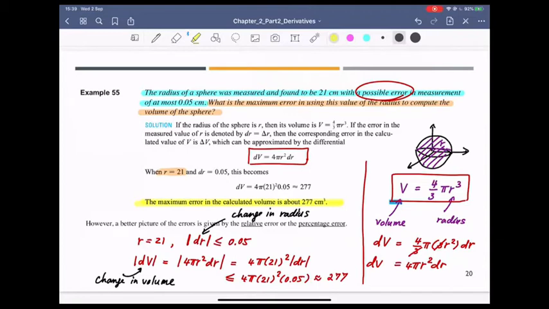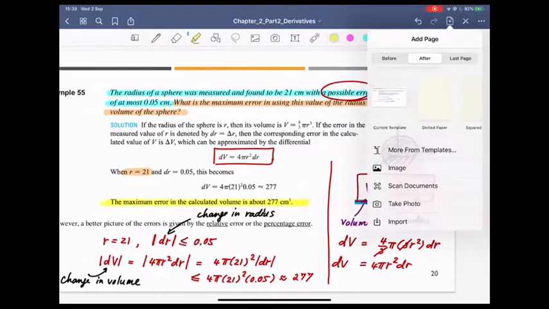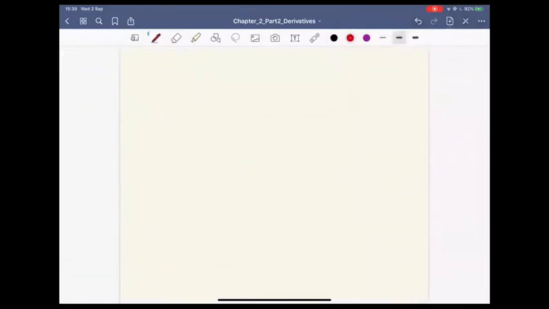So let me give you another idea here. From the last question, we know that given absolute dr is less than or equal to 0.05 and r equal to 21, we showed that our change in volume dV is not going to be bigger than approximately 277.